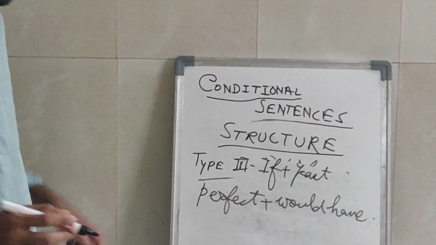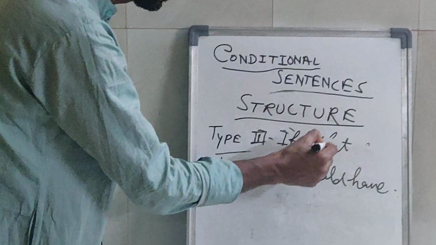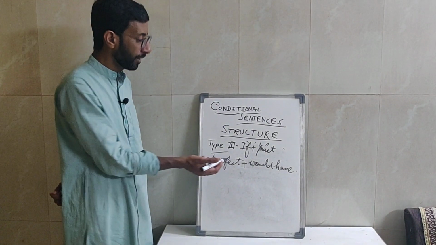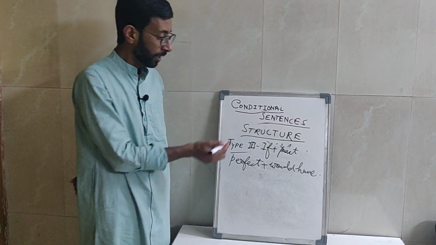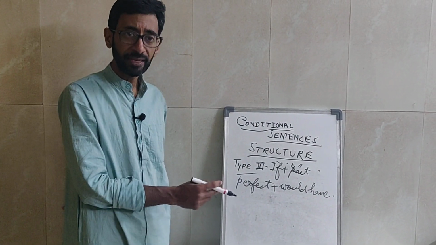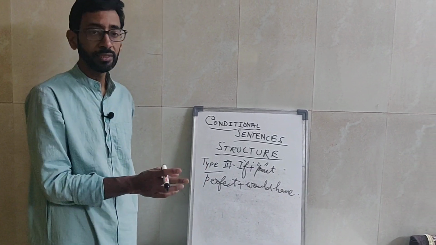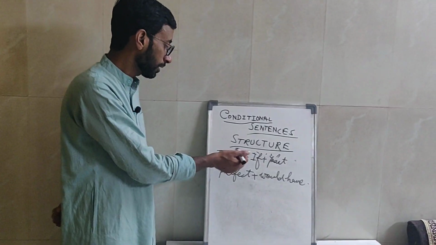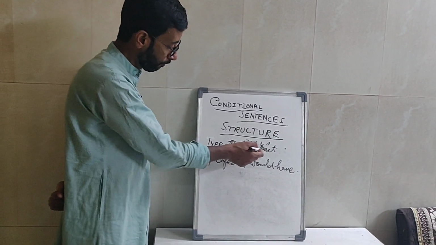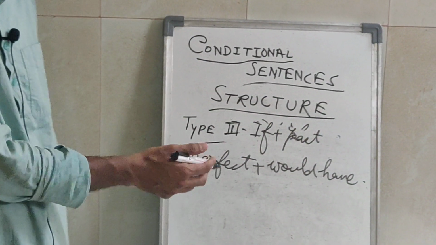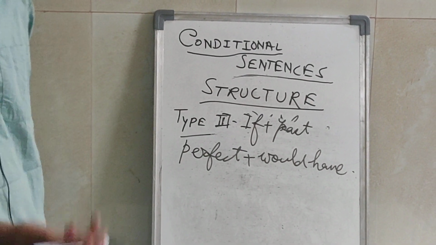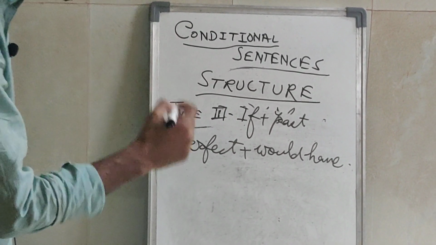This is the basic structure, though there are certain variations which are possible in each and every type of conditional sentence, but here we are taking it in a very simple manner, and we are just talking about three basic conditions or three basic structures. So the third structure is if plus past perfect plus would have, and it talks about those conditions which are impossible in nature.